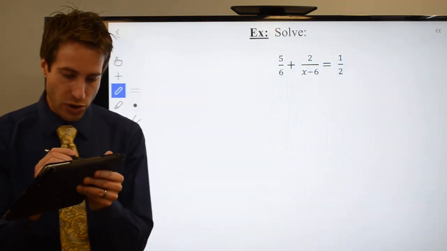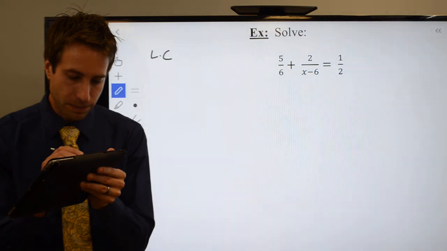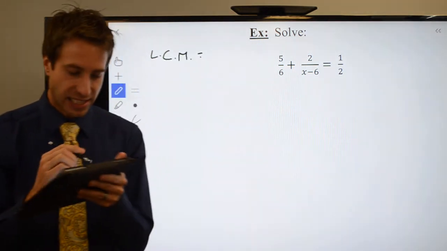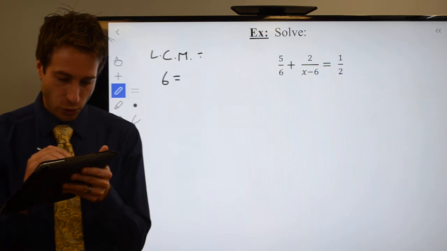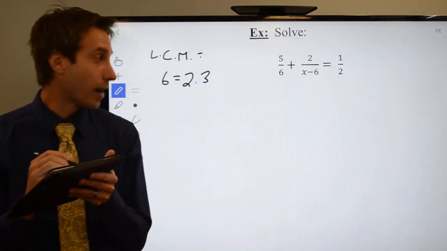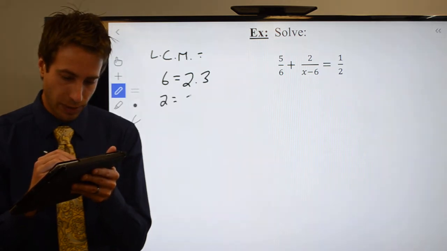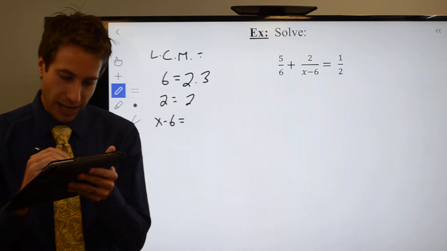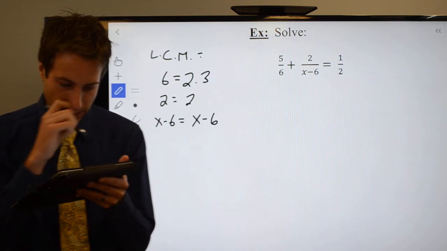Again, we need an LCM, so let's go ahead and find it. First, 6. I'll need to factor 6, which of course is 2 times 3. Then 2 is just a 2. And then x minus 6 is just going to be x minus 6.